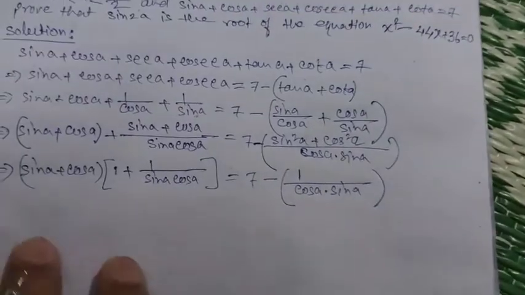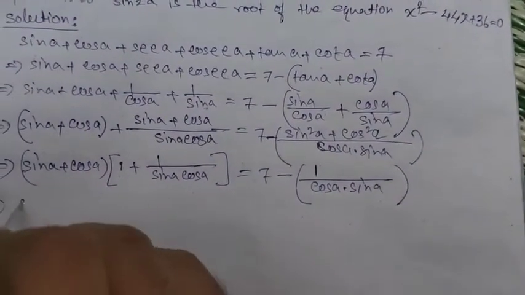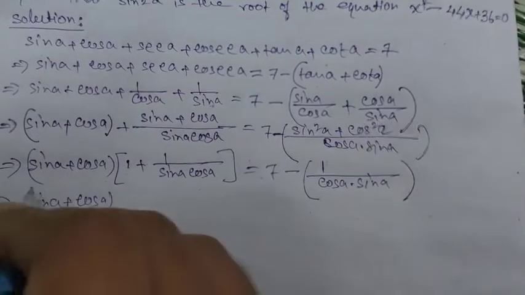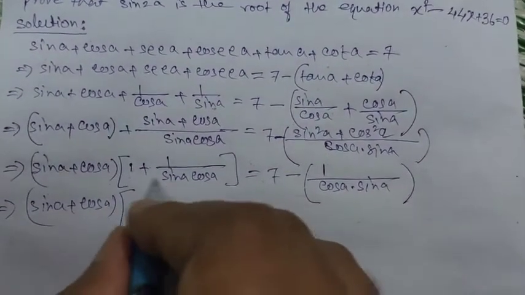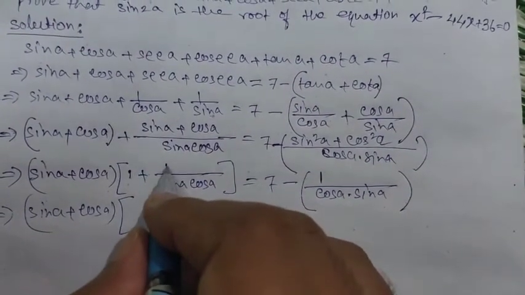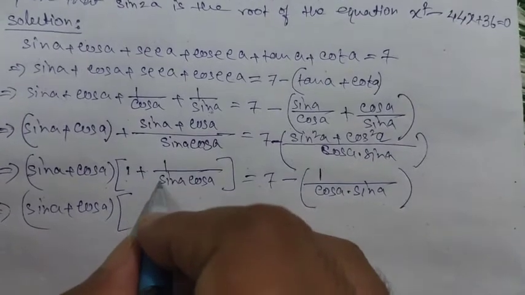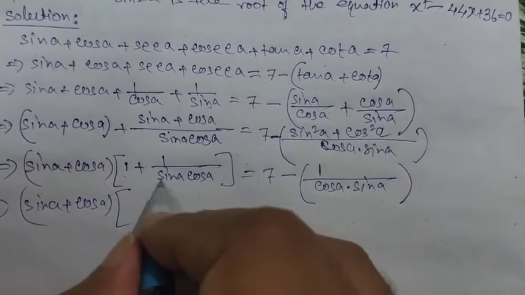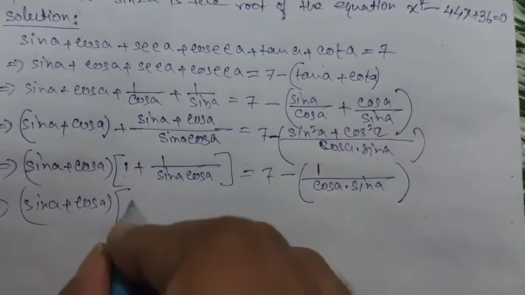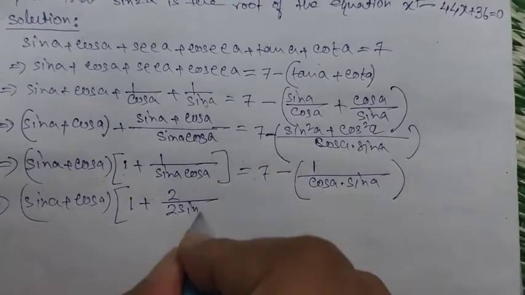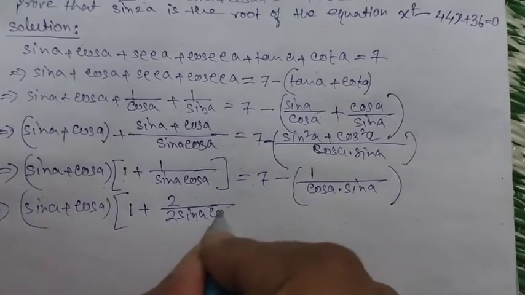Now next, sin a plus cos a, and here 1 plus 1 by sin a into cos a. So we will multiply numerator and denominator by 2 to make this expression sin 2a. So I am showing you 1 plus 2 by 2 into sin a into cos a.